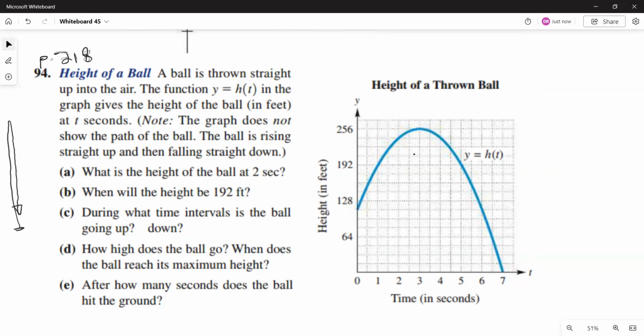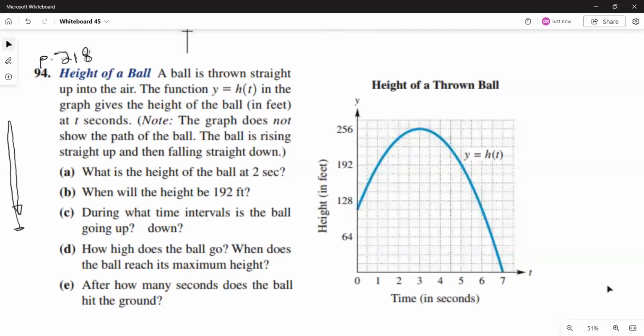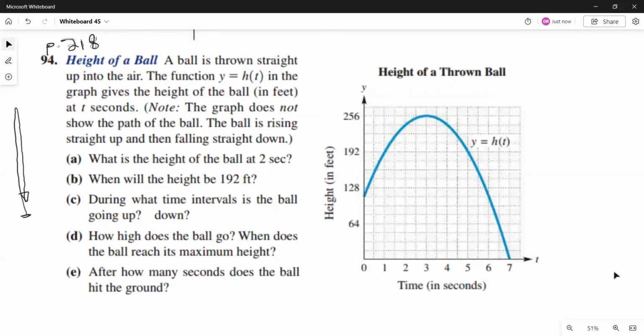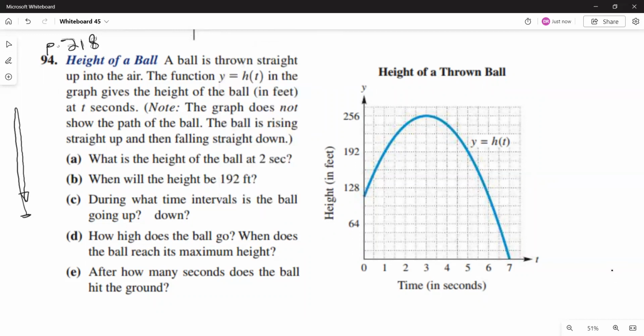We have several questions. The first question is, what is the height of the ball at 2 seconds? So we need to interpret this graph. The first tick mark is at 64, but there are 4 parts, so 64 over 4 is 16. We have values like 16, 32, 48, and so on. So at 2, we have 192, and then they are increasing by 16.